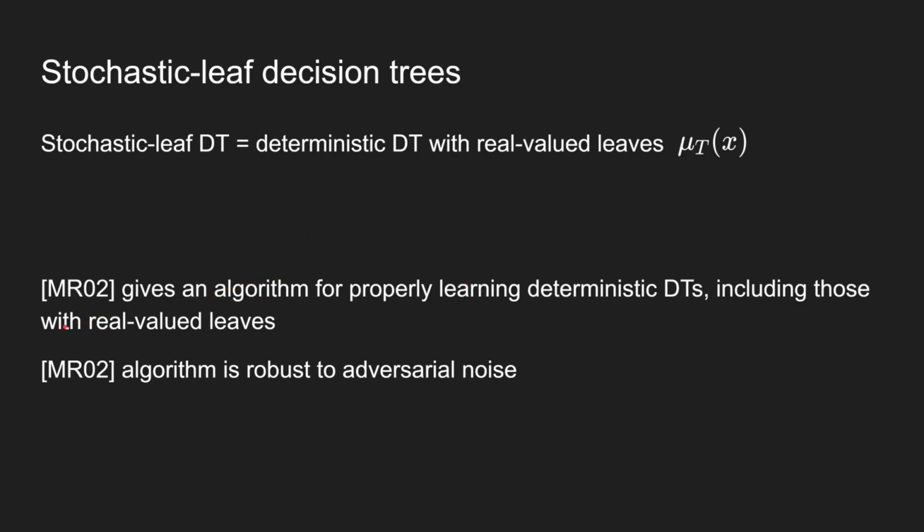This allows us to leverage an algorithm by Mehta and Raghavan, which properly learns deterministic decision trees, including those with real-valued leaves. Furthermore, this algorithm is robust to adversarial noise.